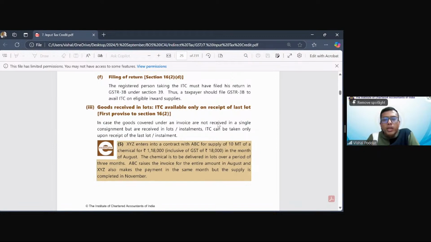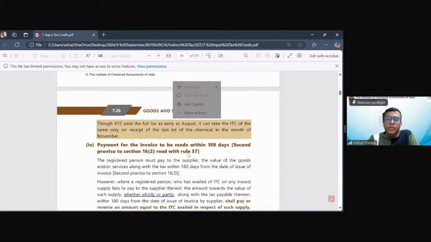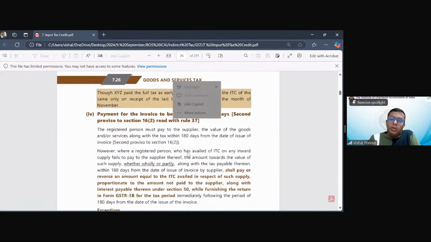Now, these are the conditions given in section 16.2. Now, there are some more conditions. First proviso, we already discussed with the condition of goods should be received. If it is received in lots, I will get the credit only when all the lots are received. That is, the last lot is also received. Then payment for invoice should be made within 180 days. Now, what is this condition?